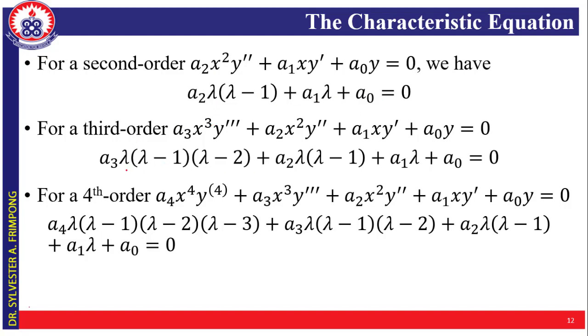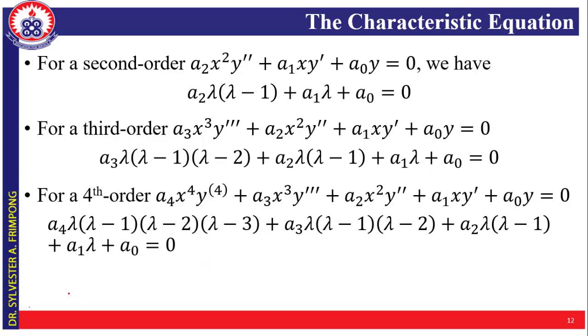Third order, you have lambda (lambda minus 1)(lambda minus 2), and then the a2 lambda (lambda minus 1) part, so this one is the second order from before, and the only addition here is a3 times lambda (lambda minus 1)(lambda minus 2). And then if you go to the fourth order, it's the entire third order part plus the fourth one, which is a4 lambda (lambda minus 1)(lambda minus 2)(lambda minus 3).